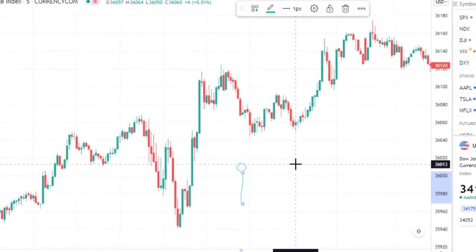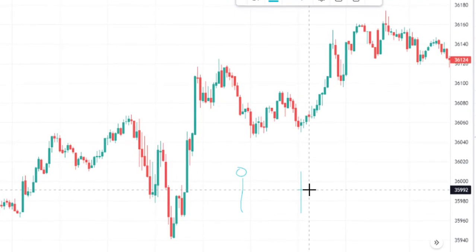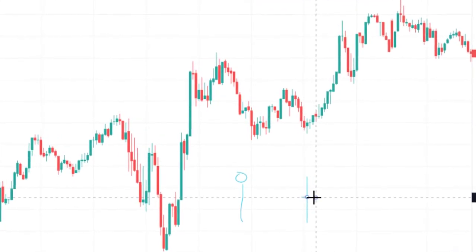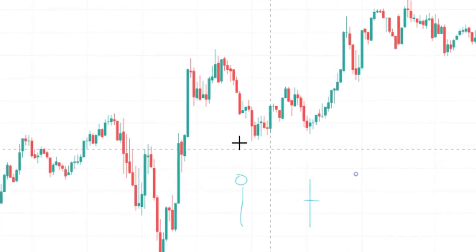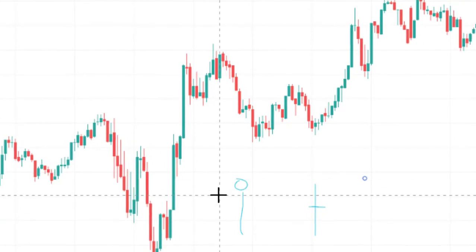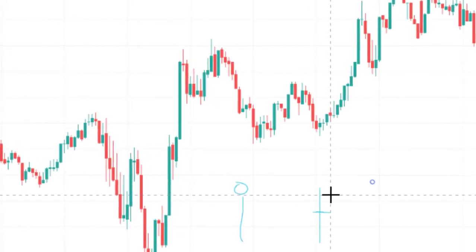Or when I have something like this, a doji. So this is a doji and this is a hammer. Whenever I have any of this in my demand zone, I just go long.